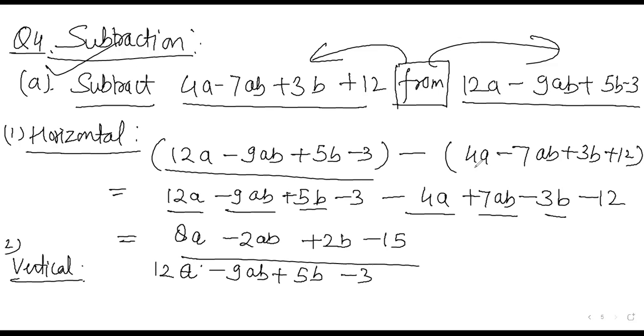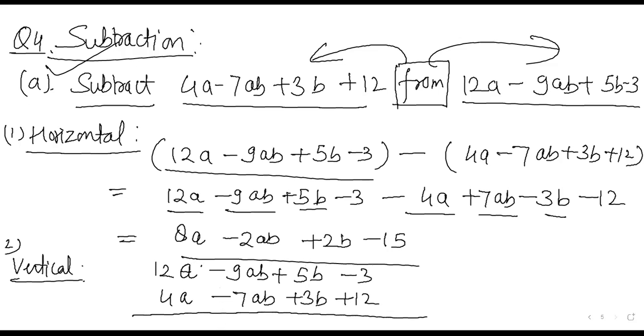And we have to write the like terms below like terms: 4a minus 7ab plus 3b plus 12. And on subtraction, as I told, the sign of the expression written down will be changed.